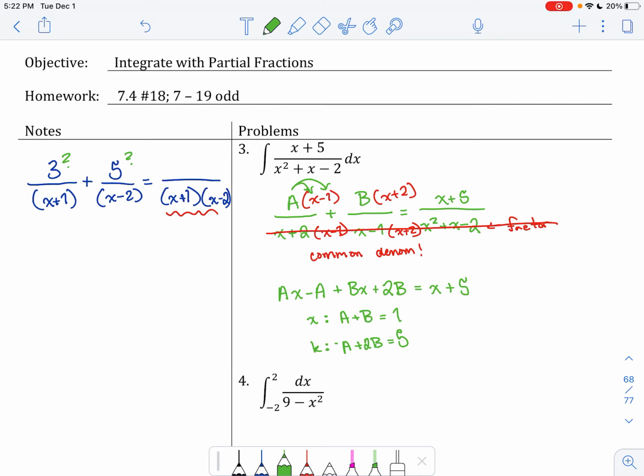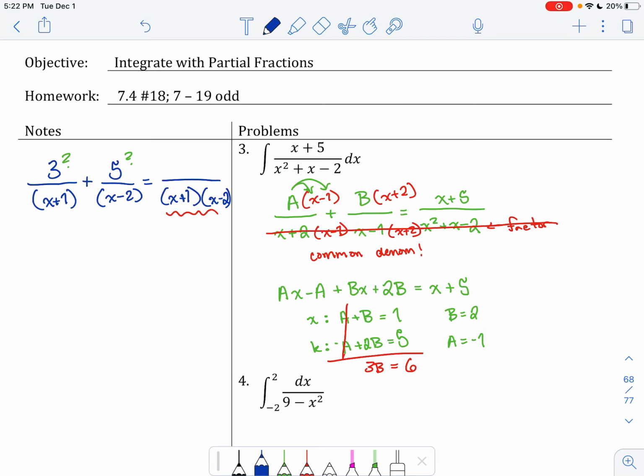So this is a system of equations that you can solve. The a's would cancel out, and we'd end up with 3b equal to 6, meaning that b is equal to 2. Substitute that in, and a is negative 1.